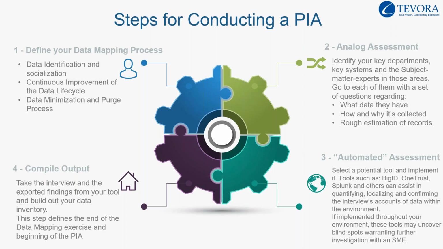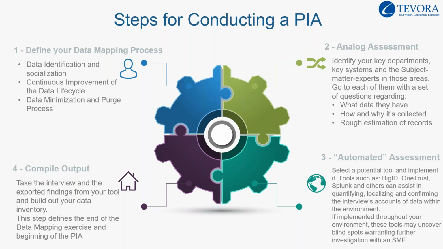But we would say that's only an element, not a sole data mapping process or source of truth. Yeah, so, to that point, I would say that the record of processing activities, depending upon how you have your inventory documented, so if it's not just around the processing activity itself, but goes down to the data level so you understand what data is collected, where it's being stored, how it's being used within those processing activities, then yeah, you can use that instead of calling it a data mapping, because essentially you are doing a data mapping.